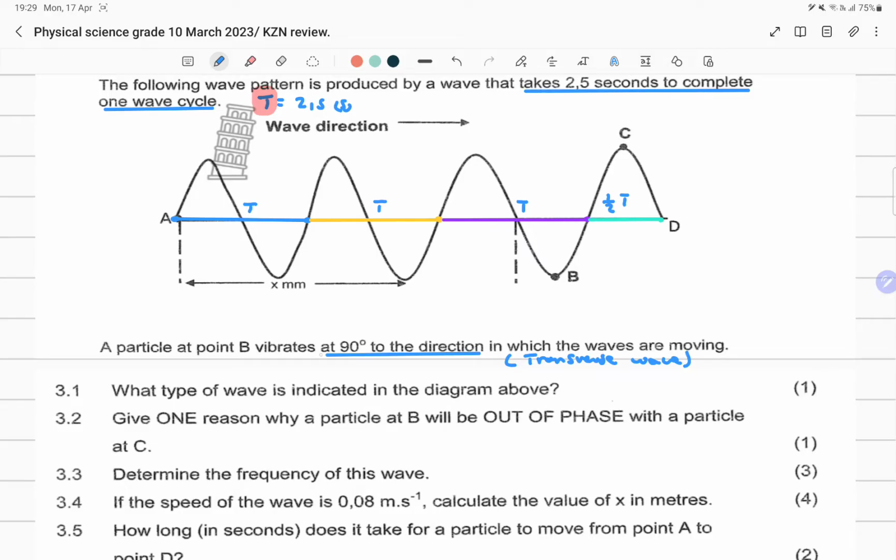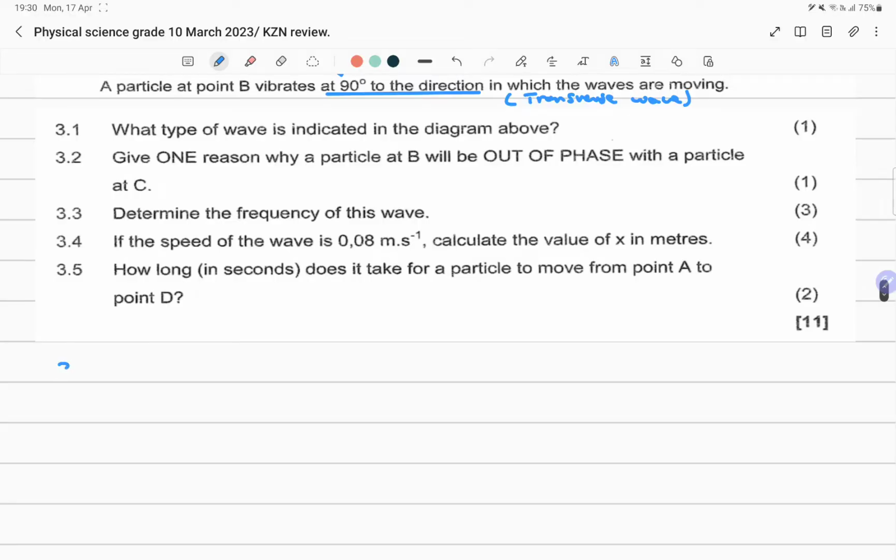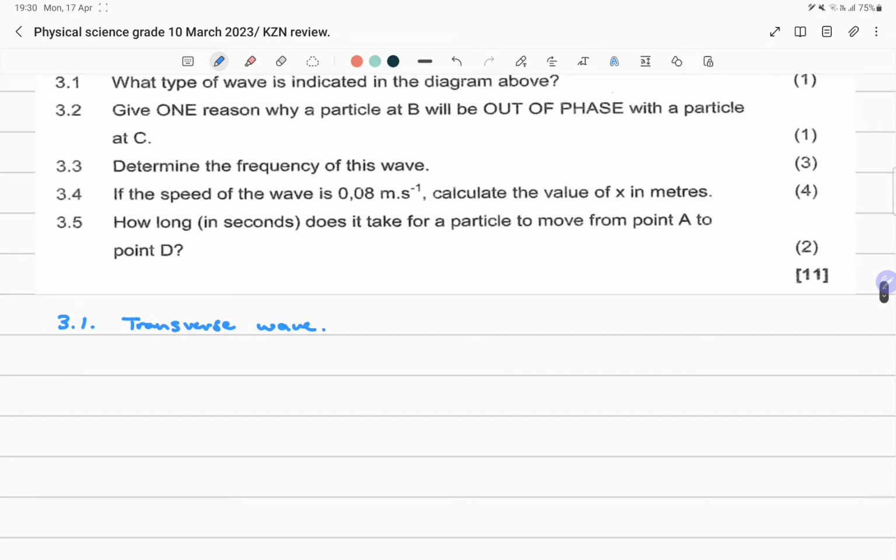Because with longitudinal waves, the pulse is in the same direction as the propagation of the wave. The key here is that the pulse is at right angles with the direction of the wave. Now, what type of wave is indicated in the diagram? 3.1. This is a transverse wave.